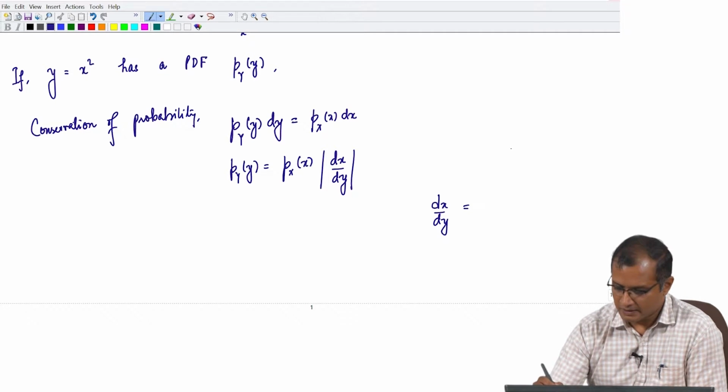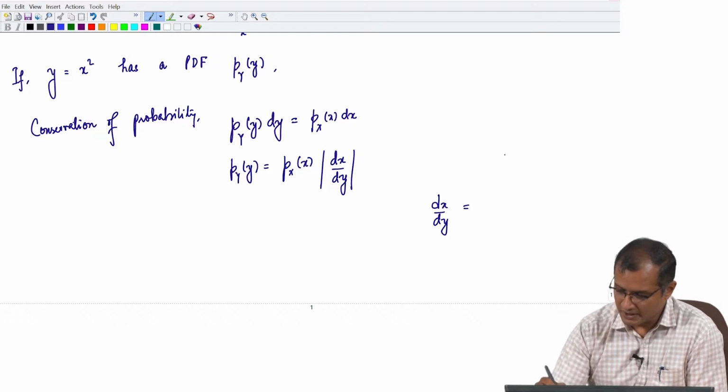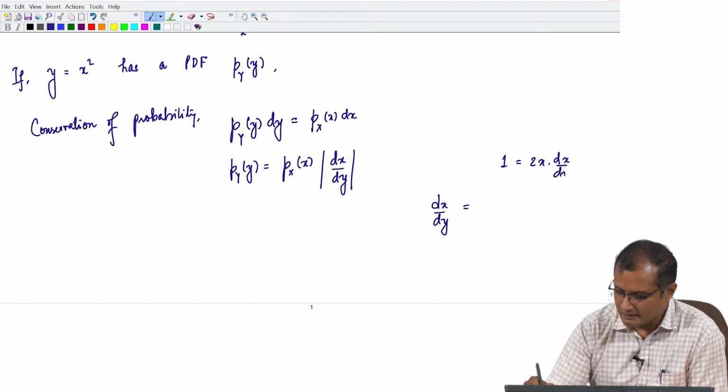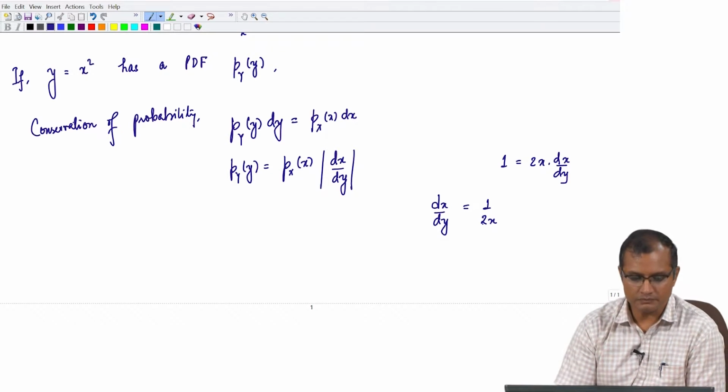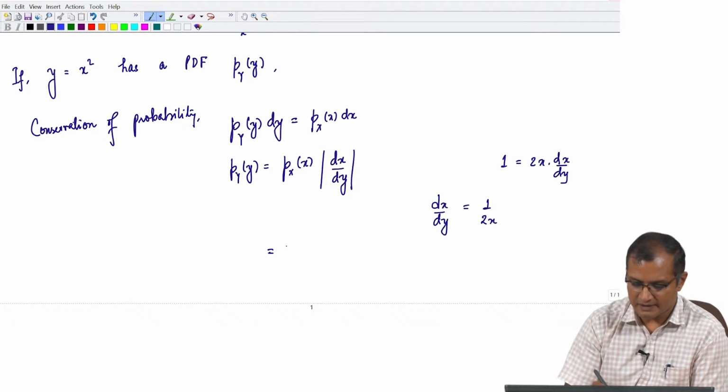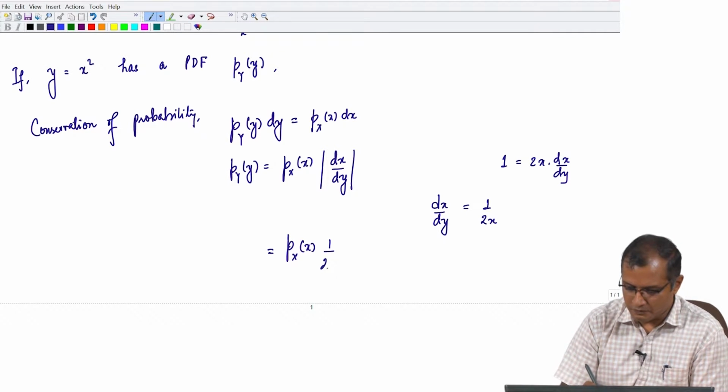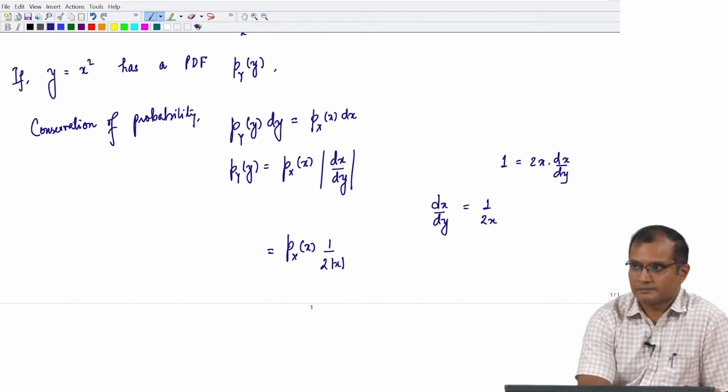I can take derivative on both sides with respect to y. So, I will get 1 equals twice x dx by dy. So, I can write this as 1 upon 2 x. So, basically this is just p of x into 1 upon 2 mod x.